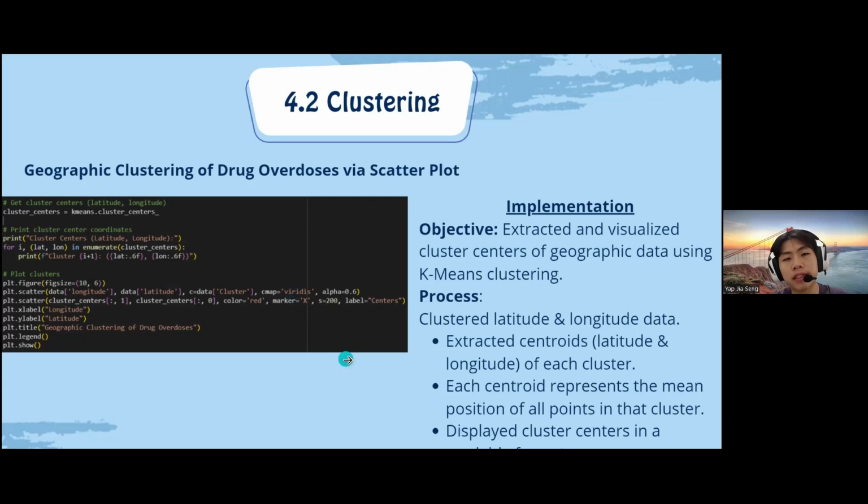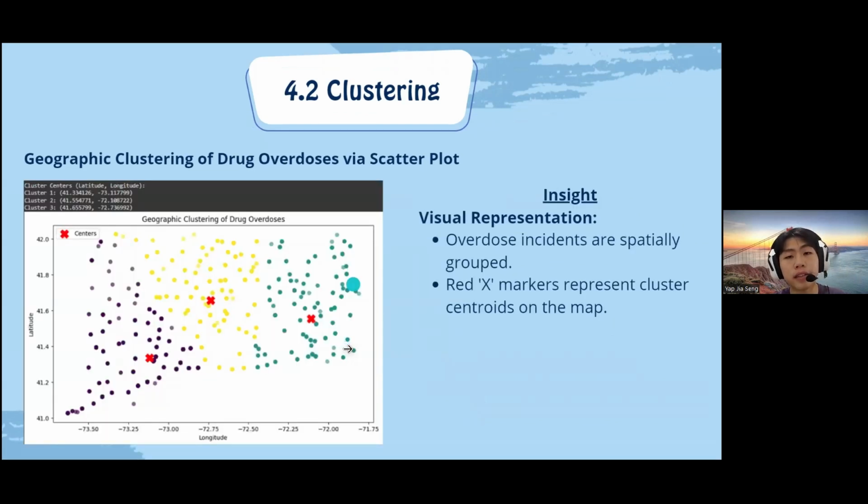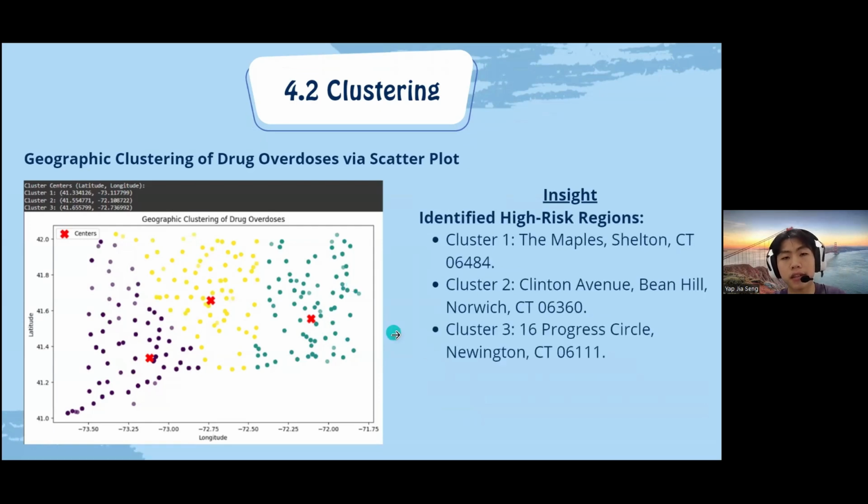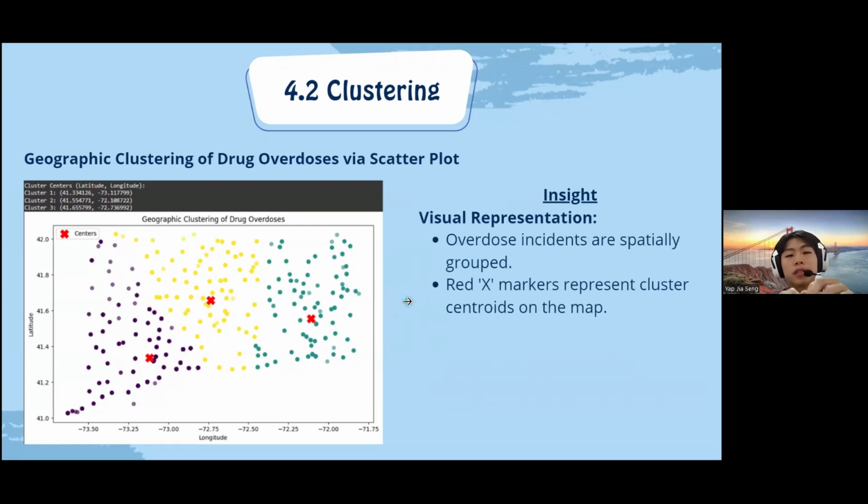So the left side is the result of our clustering. We can see the overdose incidents are partially grouped, and the red X markers represent the cluster centroids on the map.